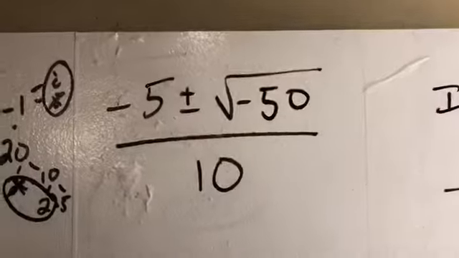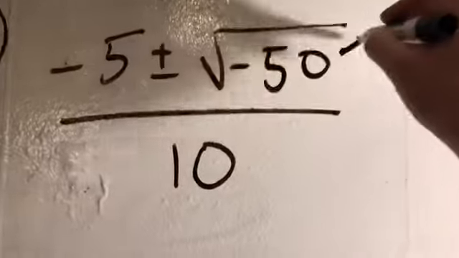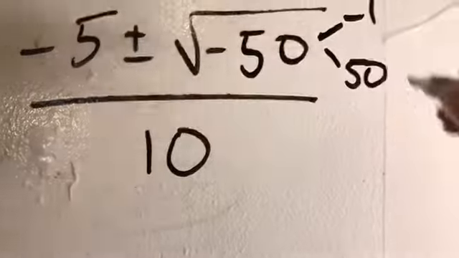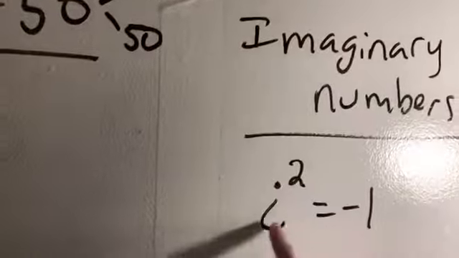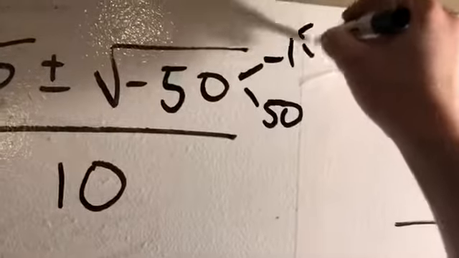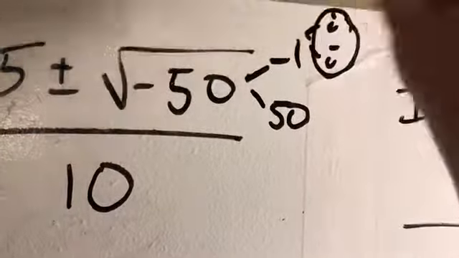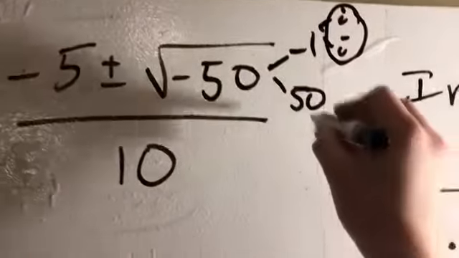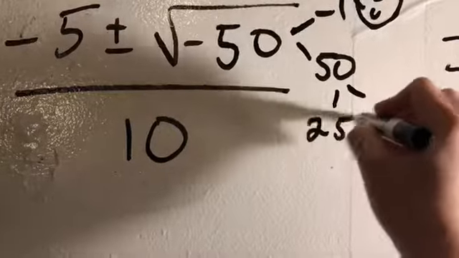Let's try it out up here. The first thing you do when you see a negative is separate it out, because now negative 1 is the same as i squared. So I can give a pair of i's out of that negative 1. Then I can start coming down here.